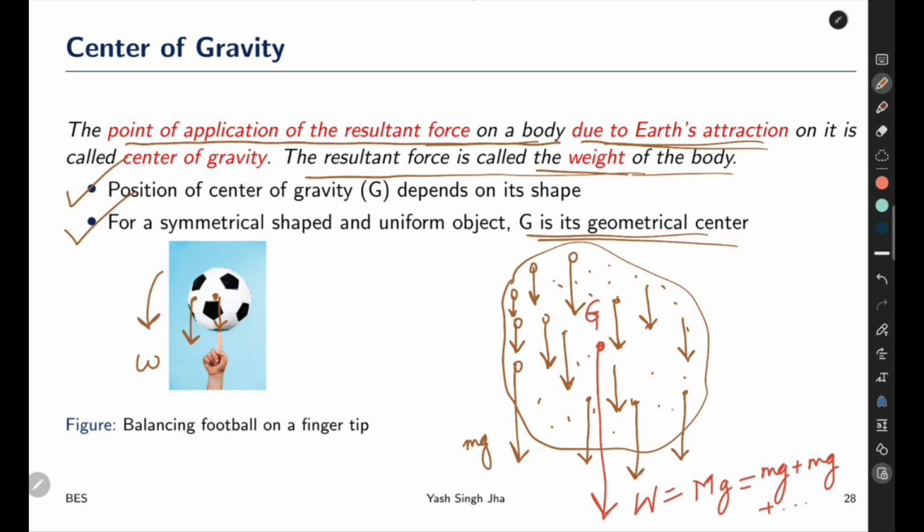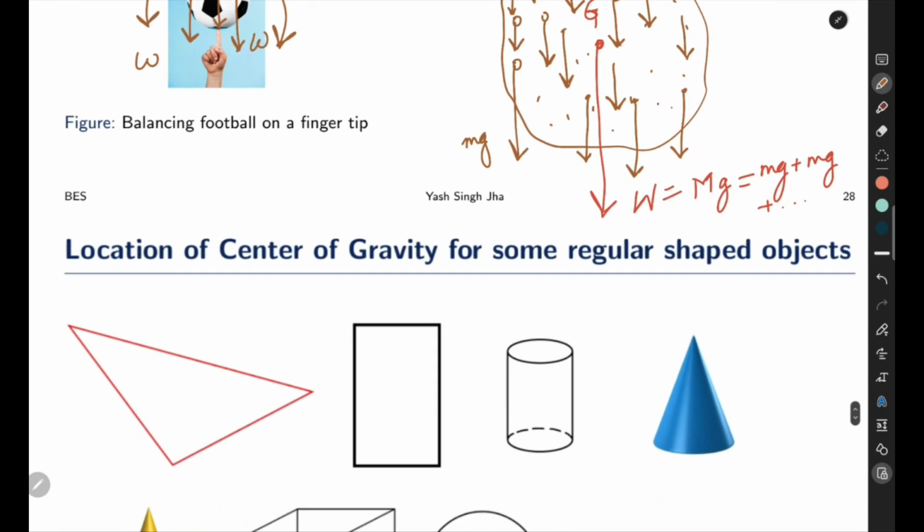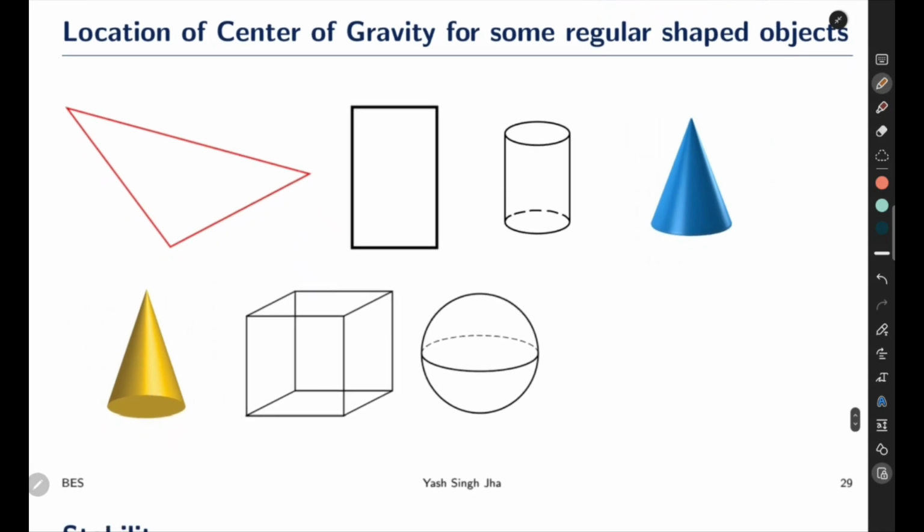If the center of gravity were here, the same thing: the weight would act here and produce a gravitational torque, and the ball would topple in this direction.